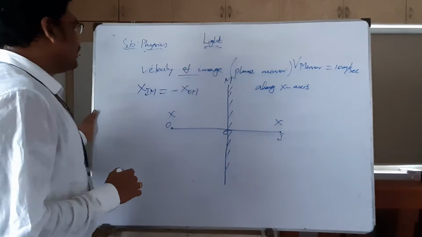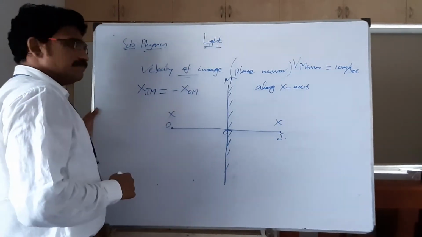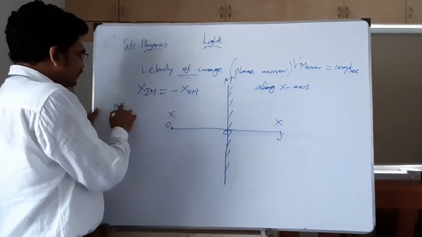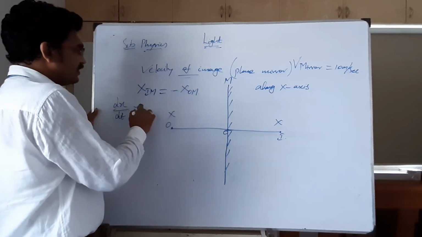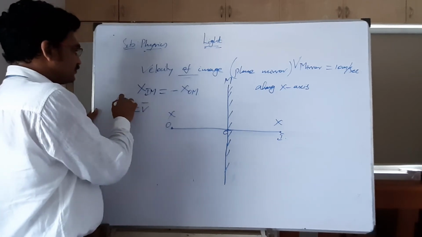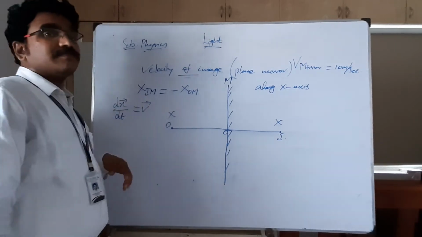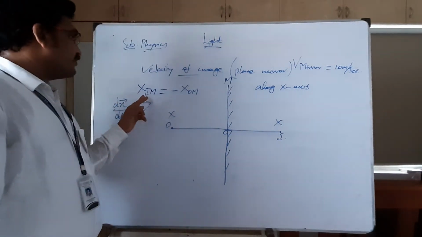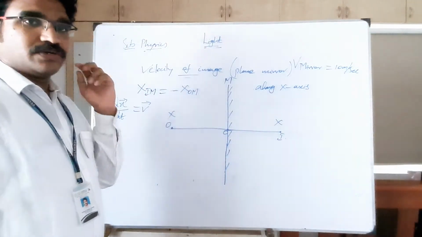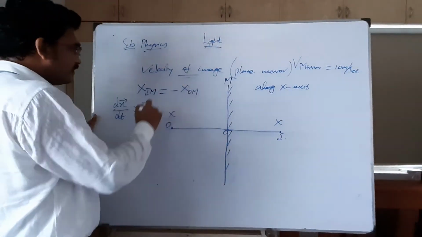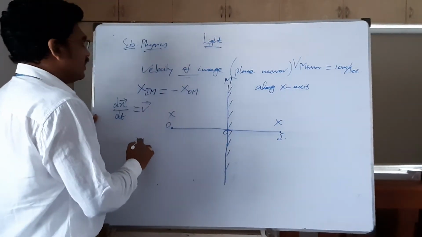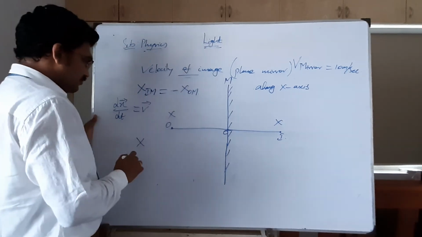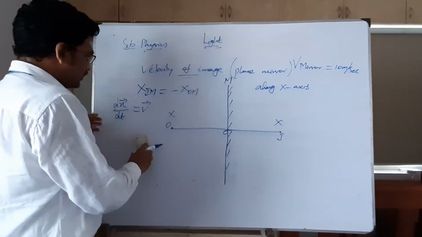Now I want to say, if I differentiate it with respect to time, like dx by dt, then what am I going to get? I'm going to get velocity. If I differentiate this with respect to time, I'm going to get velocity, no doubt in that. So what will I write?